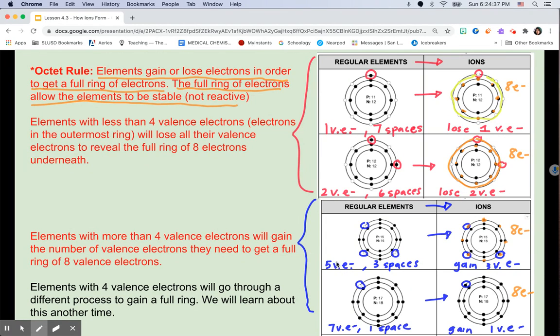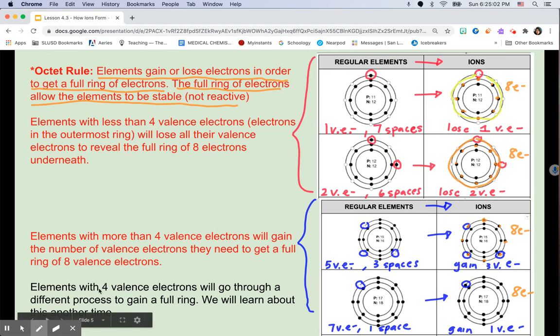So if I have 5 or 7 valence electrons, it's going to look for either 3 electrons more or 1 electron more. If I had 6 valence electrons, it would look for 2 more in order to get a total of 8 valence electrons when it is an ion.